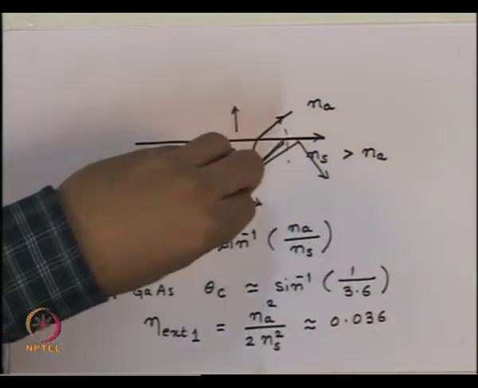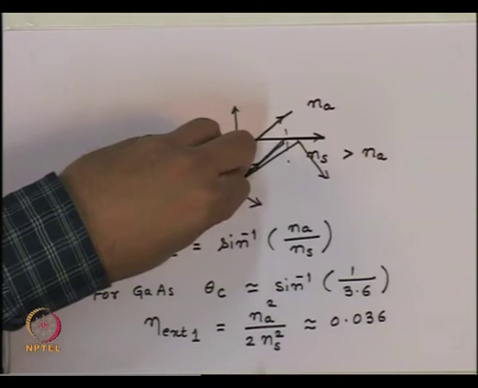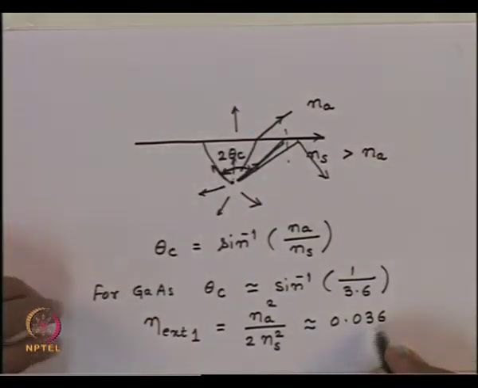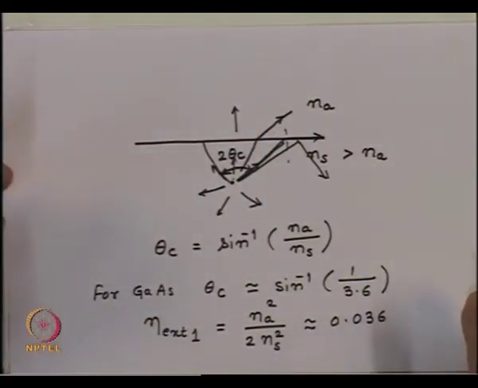So, it is interesting now to note that if 100 photons were born here inside a material like gallium arsenide, only about 3.6 photons on average would be capable of coming out of this device, or there is a loss of 96 photons. So, major efficiency loss takes place right here in escaping the photon from the device.